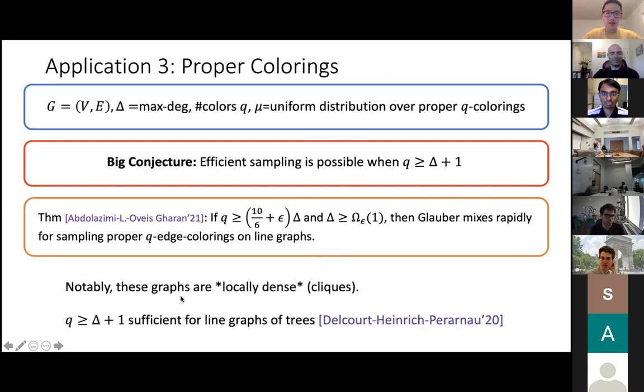As I mentioned, these graphs are locally dense, which is different from the previous line of work using local sparsity assumptions to get fast mixing. I suspect that by combining our techniques with the methods used in that line of work on locally sparse graphs, we can maybe break past these barriers for this problem.